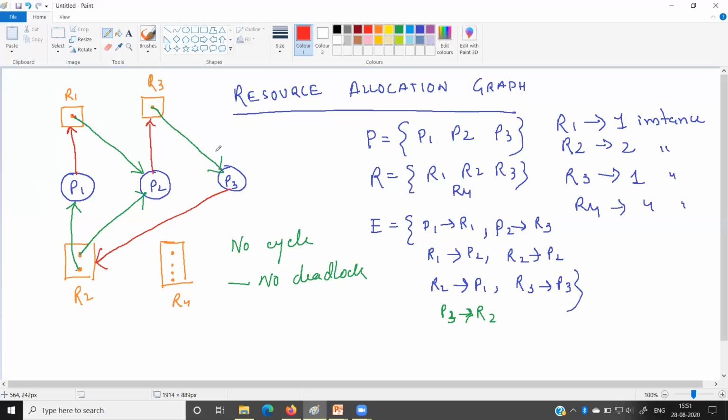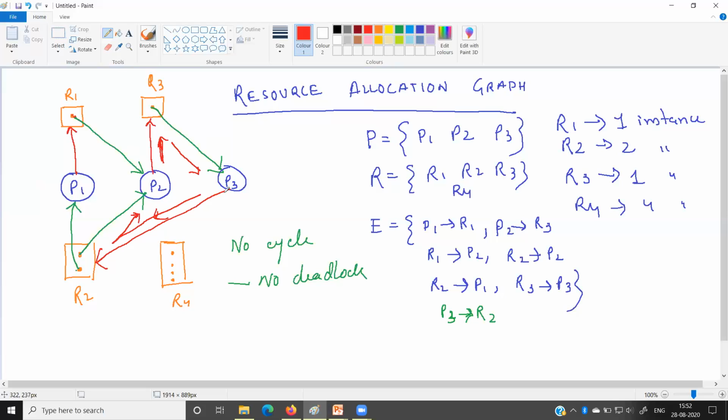Now if we add this edge, then you can see that we can traverse like this. If I start from P3, we can move from R2 to P2, then from P2 to R3, then from R3 again we can go back to P3. So that means there is a cycle.